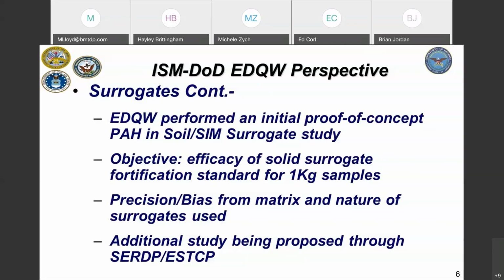So the objectives of this efficacy study were very, very simple. That is, we reached out and got the assistance of ERA, and we thank them for that, and some assistance from some of our accredited laboratories to look at some different fortified solid surrogates, what type of surrogates and what type of matrix can we use, and can we properly disperse that sample within a 1 kilogram sample prior to analysis.